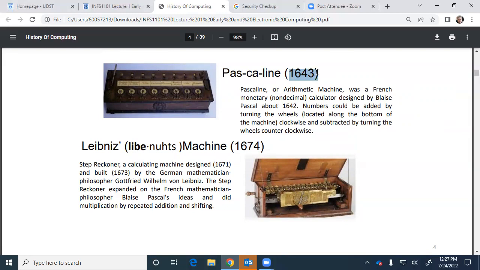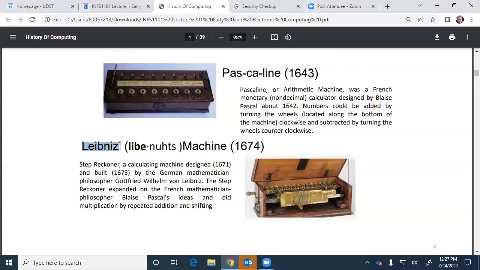And so there's one as long ago as 1643 by Pascaline. There's a computer language called Pascal. All right. So I guess this machine was named after that. Yeah, it's named after Blaise Pascal, who I guess must have come up with that.